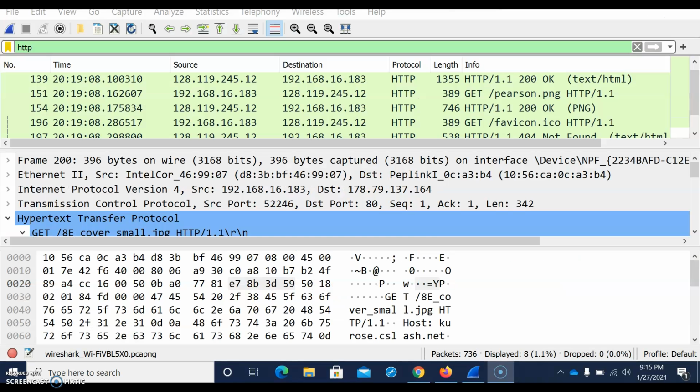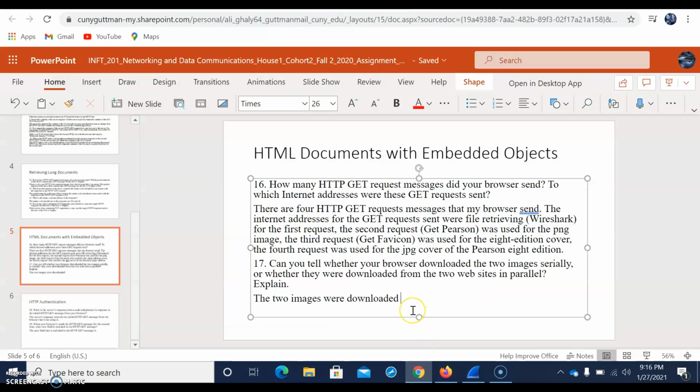Well, I can say for this question that they were downloaded in parallel. How do I know that? Because I'm looking at packets 151 and 196, so I'm going to say they were downloaded in parallel, since they were both downloaded at the same time from the two websites.